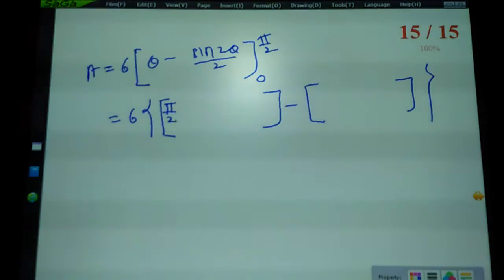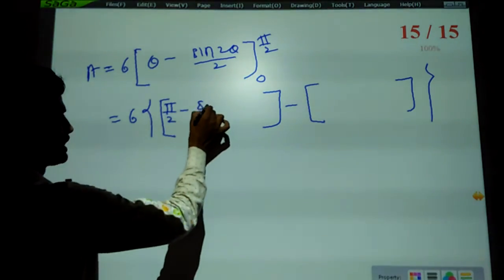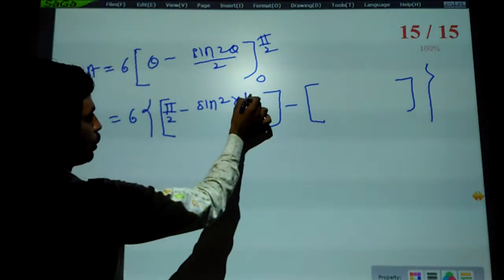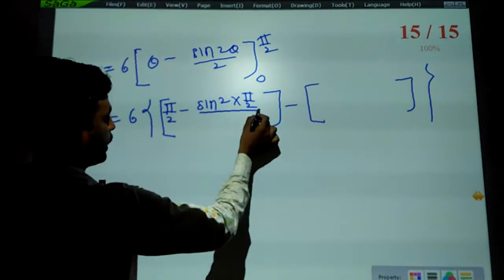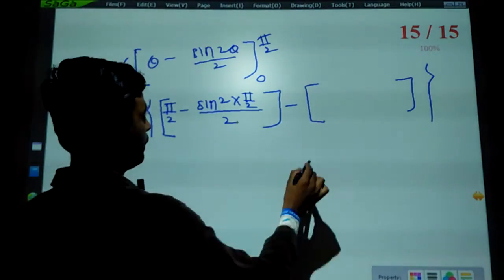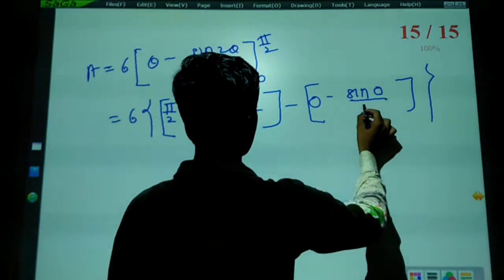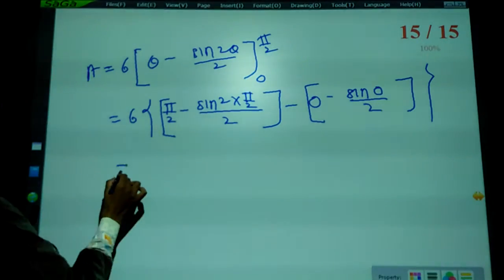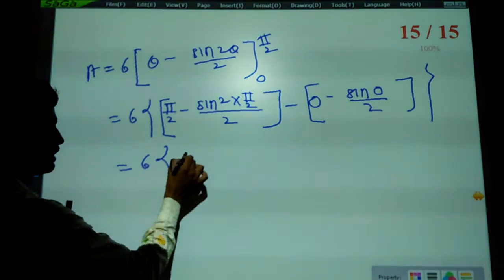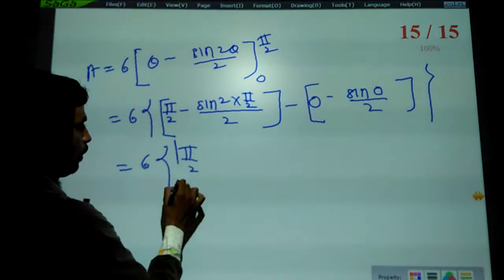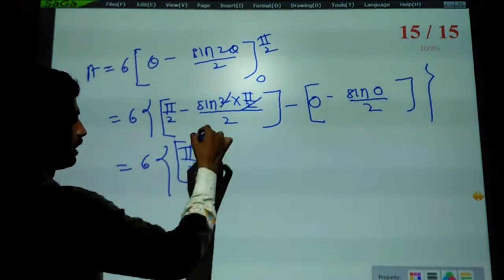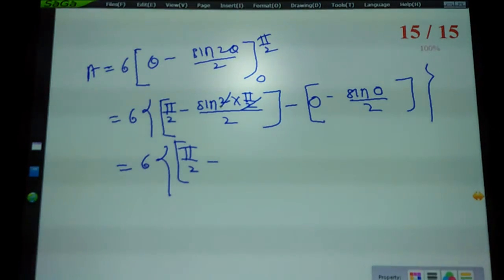Pi by 2 minus sin 2 into pi by 2 by 2, minus lower limit 0 minus sin 0 by 2. So 6 as it is. So this pi by 2, the 2 cancels. What is the value of sin pi?